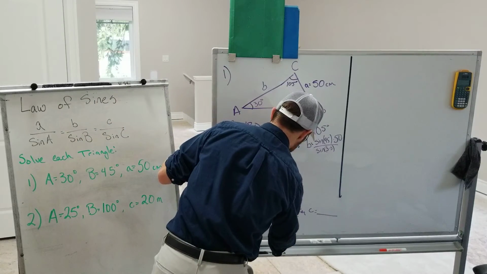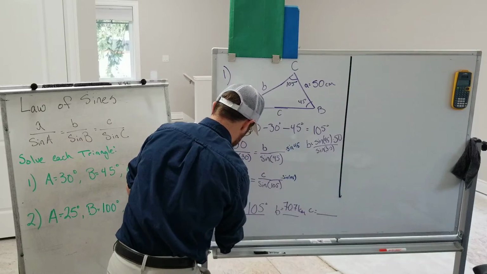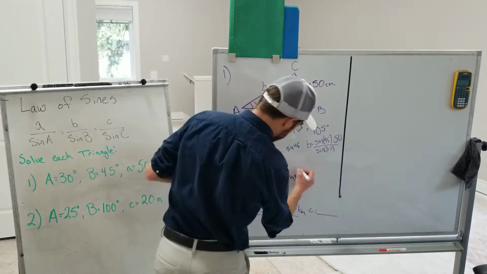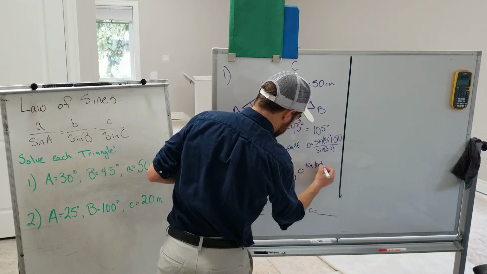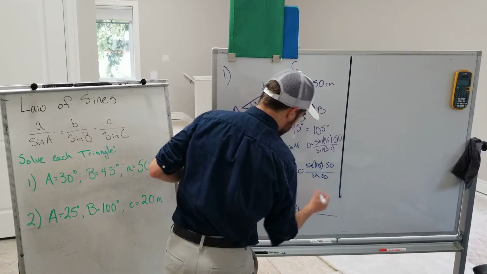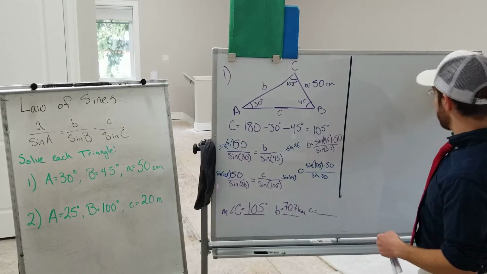I'm going to multiply by sine of 105 on each side. So c equals sine 105 times 50 over sine 30. And then give the decimal approximation rounded to two places.